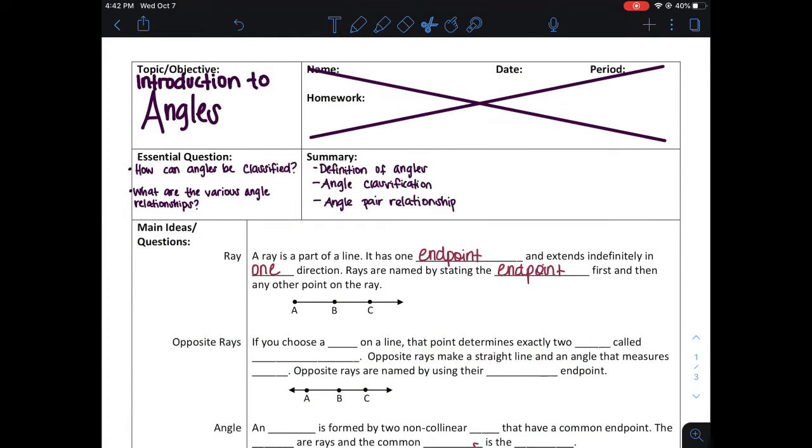A ray is a part of a line. It has one endpoint and extends indefinitely in one direction. Rays are named by stating the endpoint first, then any other point on the ray. So that basically means we start here at A, and then we work our way to the end of the ray.